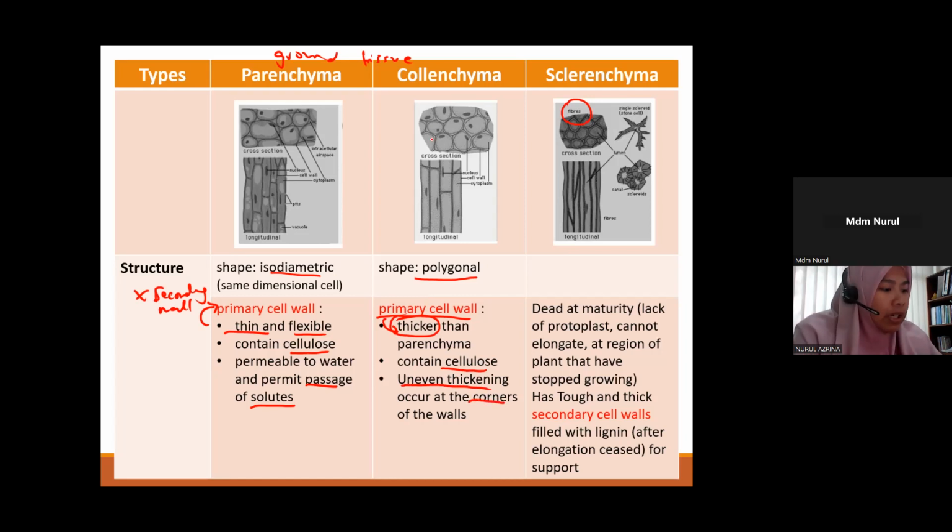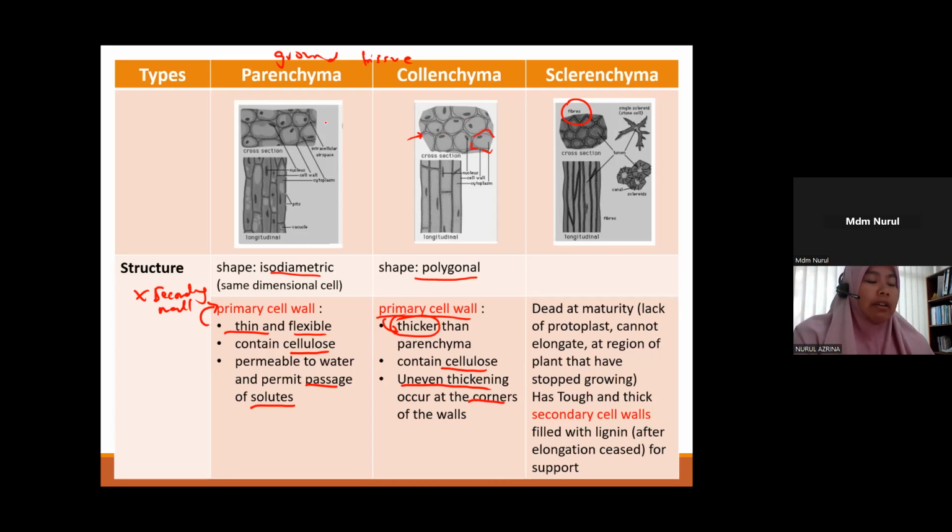If you look at the structure over here, later we are going to see the bigger structure of a collenchyma cell. You can see that they have thickening at certain corners of the cell, and the wall is a little bit thicker compared to the primary wall of the parenchyma cell.